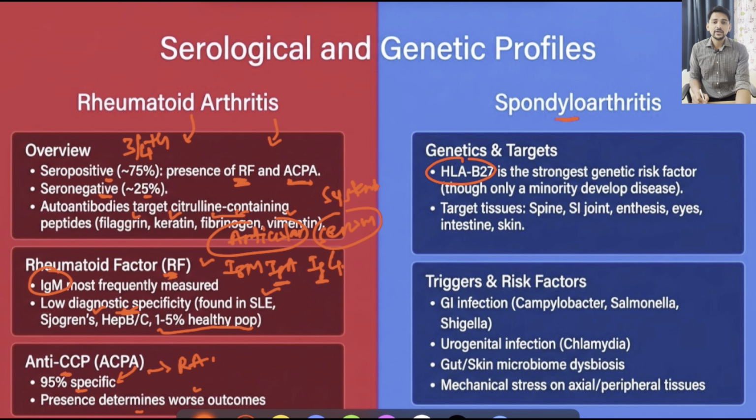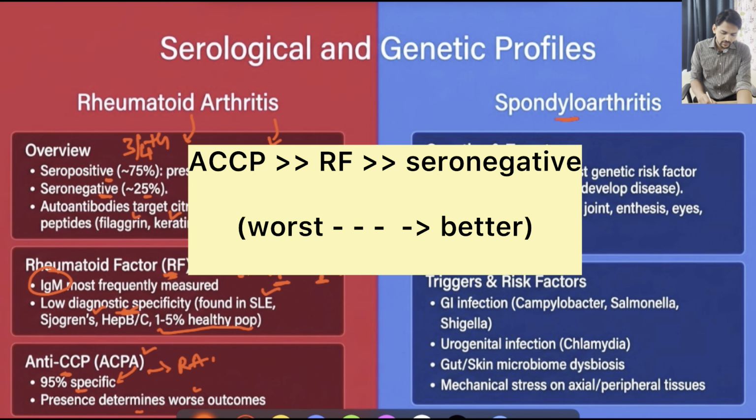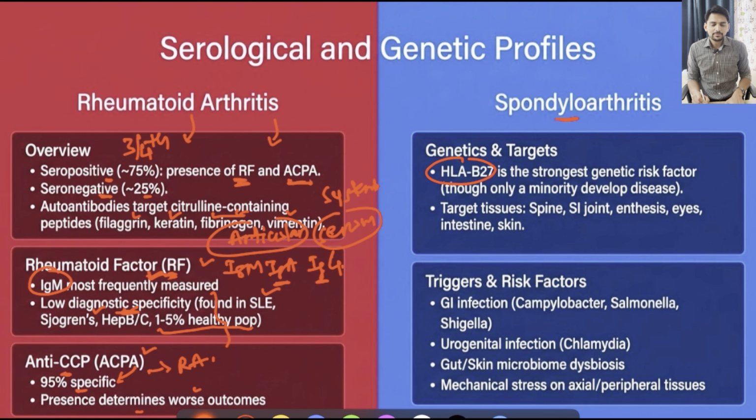So if you focus upon the outcome deciding factors, presence of anti-CCP antibodies will be worse compared to the presence of rheumatoid factor. And if both of these are negative, that is seronegative rheumatoid arthritis, cases will have better prognosis. So hope you have got the clear picture about these important laboratory markers.